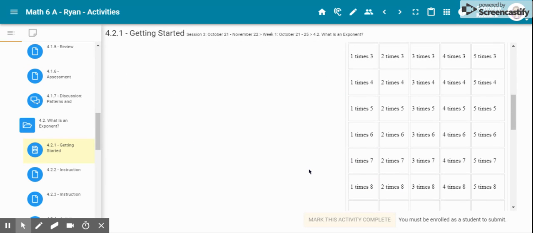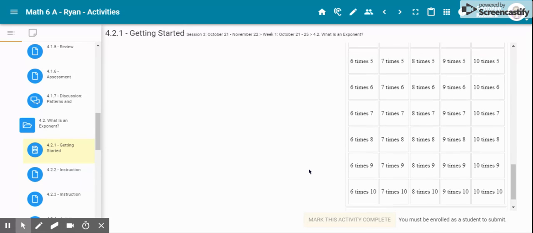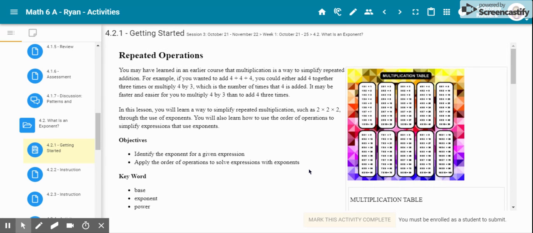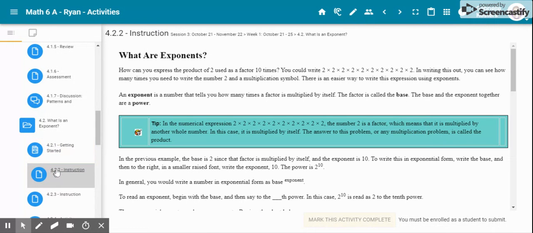Okay, so this on the side is just the multiplication table written out. Okay, so what are exponents? How can you express the product of 2 used as a factor 10 times?